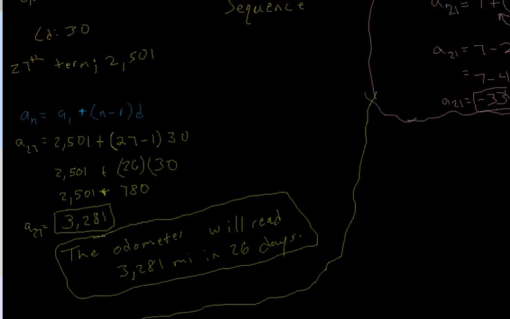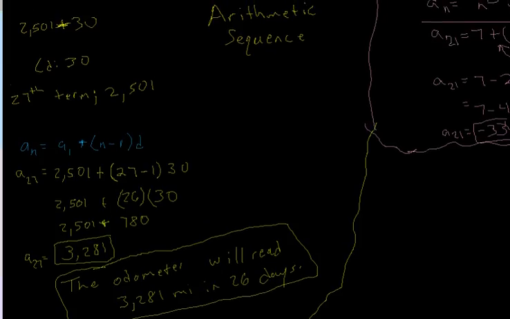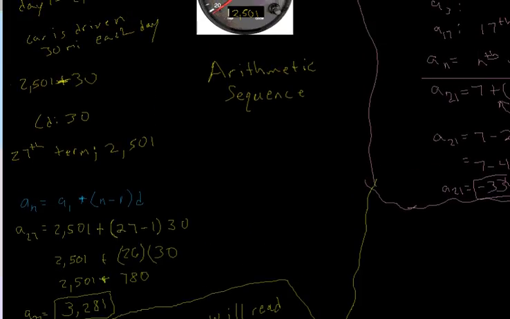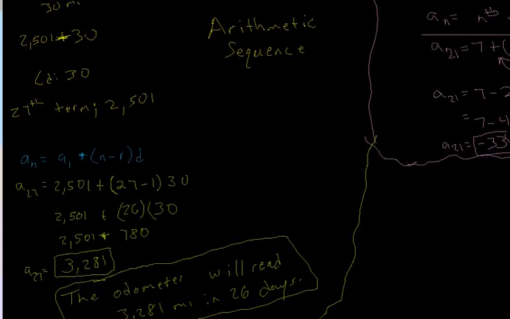You found a common difference of 30, and that common difference is the pattern that allows you to say it's an arithmetic sequence. The arithmetic sequence allows you to use this formula down here, and the formula allowed you to calculate it all within a couple of minutes.